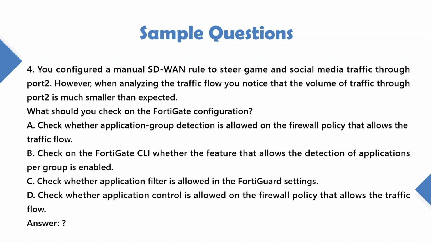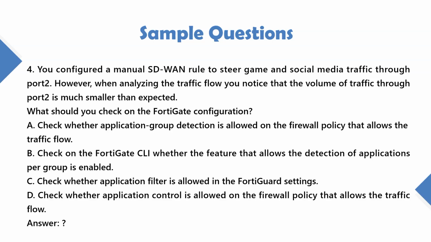4. You configured a manual SD-WAN rule to steer game and social media traffic through port 2. However, when analyzing the traffic flow, you notice that the volume of traffic through port 2 is much smaller than expected. What should you check on the FortiGate configuration? A. Check whether application group detection is allowed on the firewall policy that allows the traffic flow.